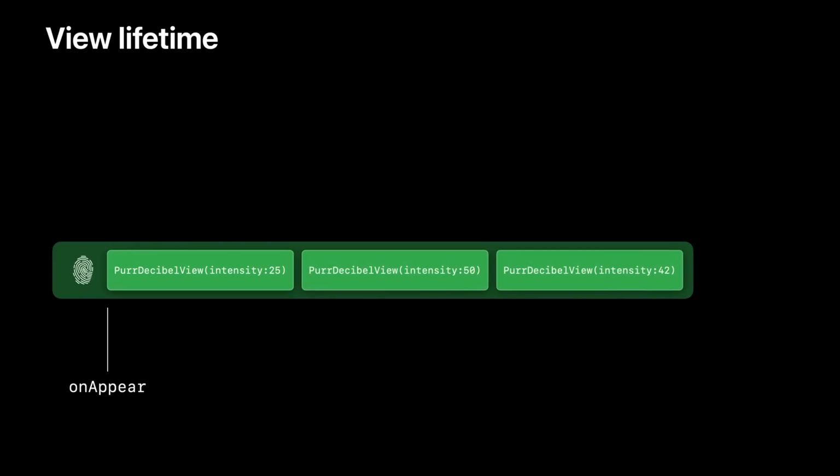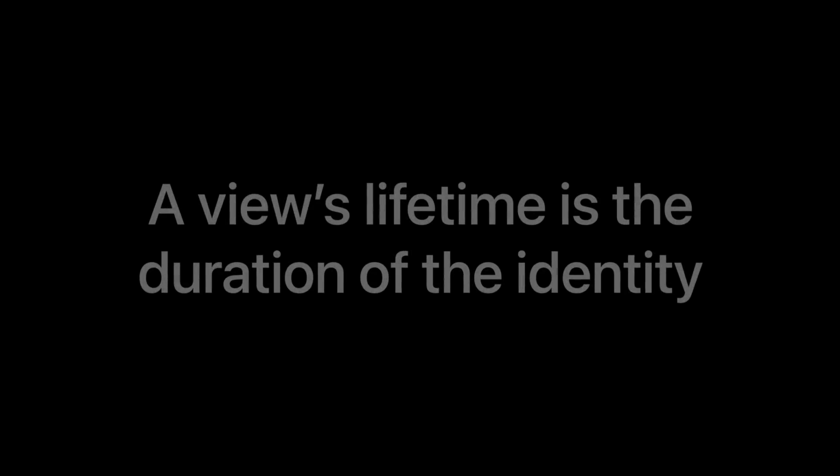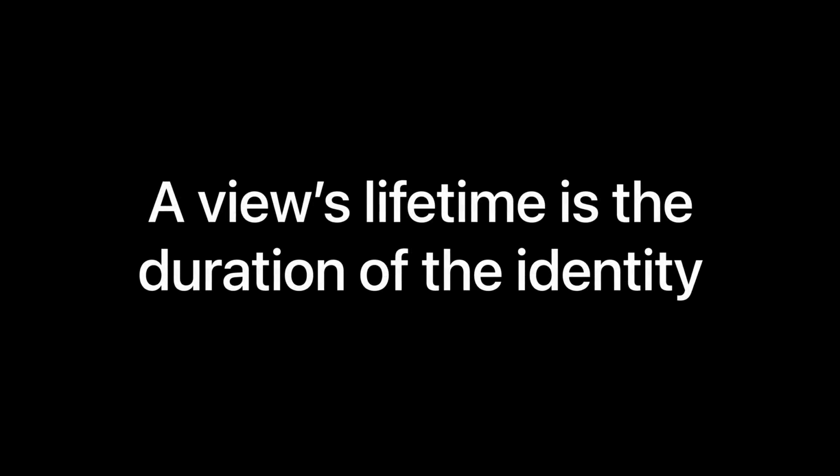But from SwiftUI's perspective, these represent the same view. Once the identity of the view changes or the view is removed, its lifetime ends. Whenever we talk about the lifetime of a view, we are referring to the duration of the identity associated with that view.